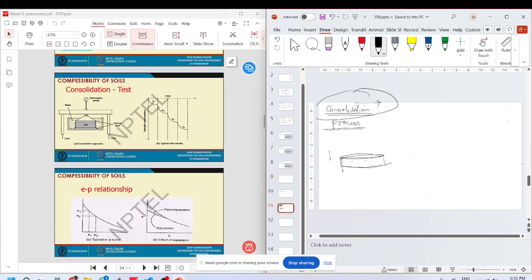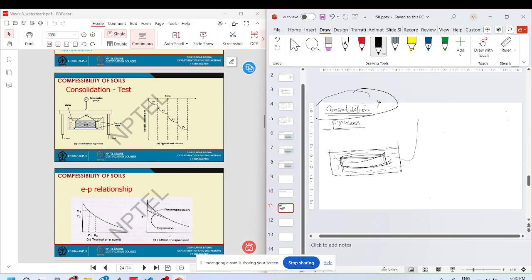Then we keep this ring in an outer water ring, because we want this sample to be completely saturated.